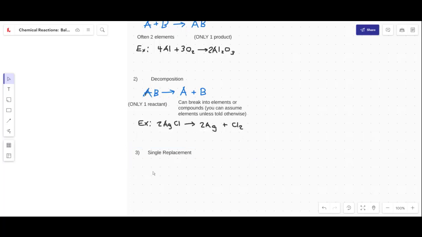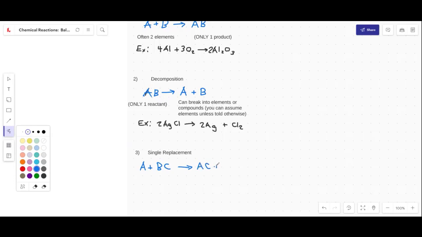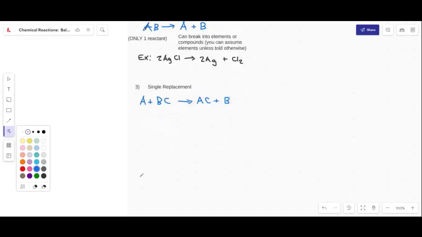For a single replacement reaction, the pattern is usually A plus BC goes to form AC plus B, although sometimes you can see something a little bit different.